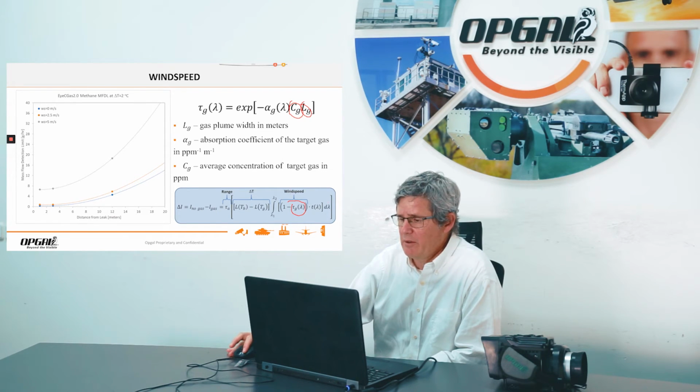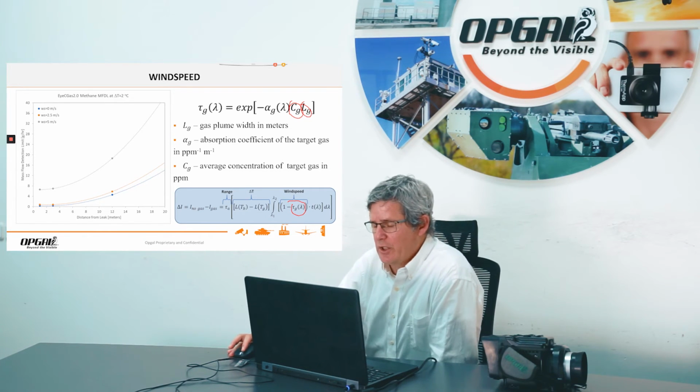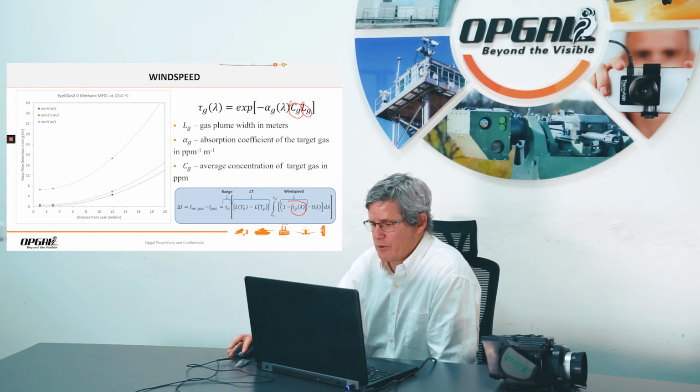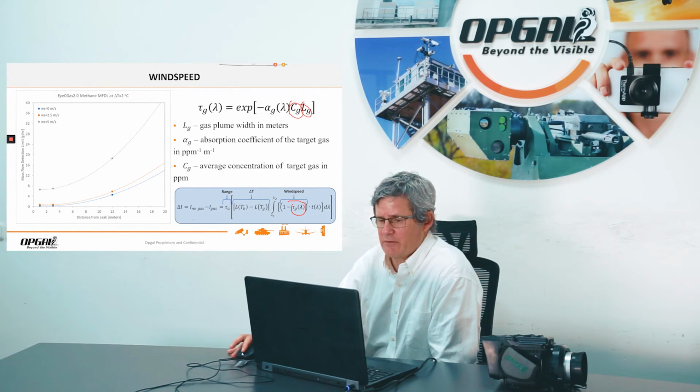So the wind speed environmental factor will actually increase the transmission, reduce the absorption, but increase the transmission, and then 1 minus the transmission will decrease the absorption and therefore will decrease the sensitivity.